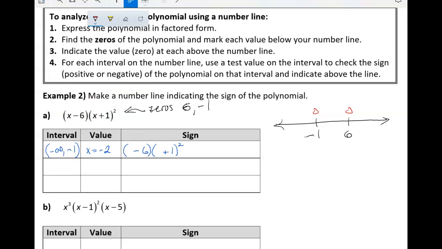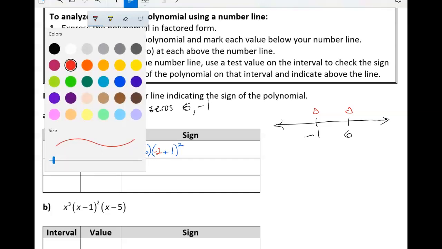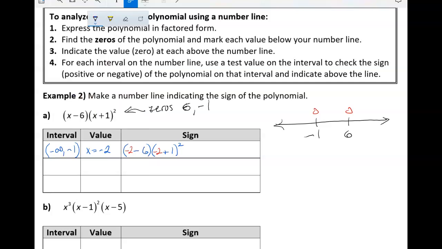And I picked an x value of -2 to plug in. So now what we're going to do is not actually necessarily get the value, but just think about whether this value is a positive number or negative number. And we're going to use the rules of multiplication for determining this.